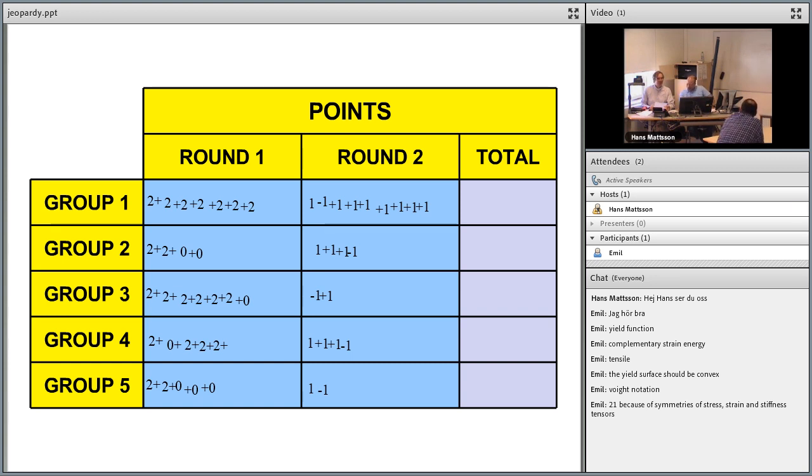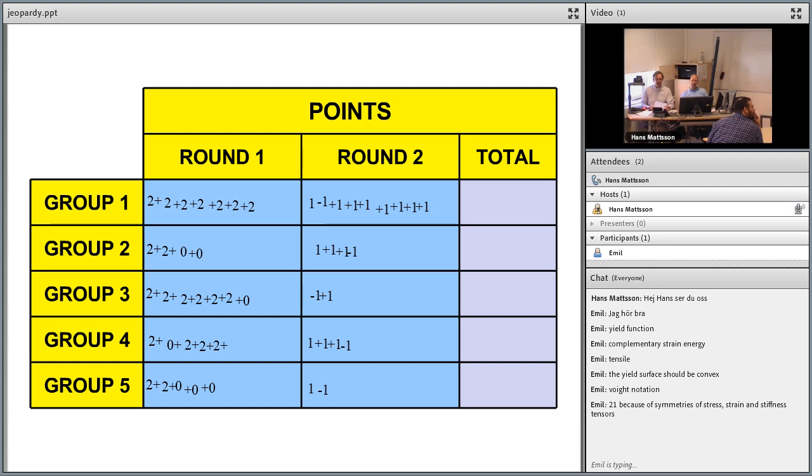Emil, maybe you have... Level 1 question that a lot of groups lose points on. Group 1, don't you feel tempted? Actually, the answer is in the question. The global equilibrium equation states that external and internal forces in each node with components in the x, y, and zeta direction have to be in equilibrium.